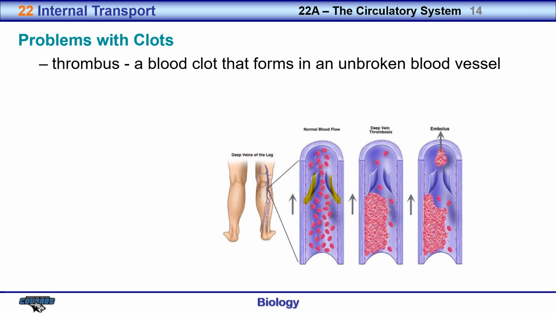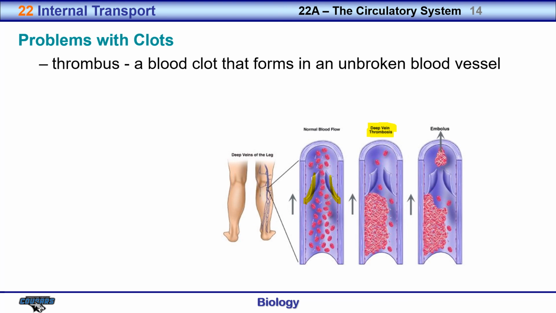But sometimes we can get a blood clot forming, where a whole bunch of blood cells are bunching together, and they can't get through this opening right here, and so we have a thrombosis, and they prevent the flow of blood.